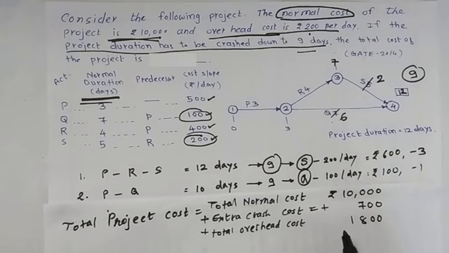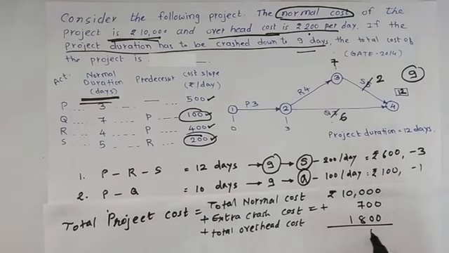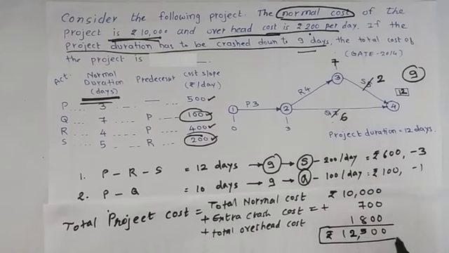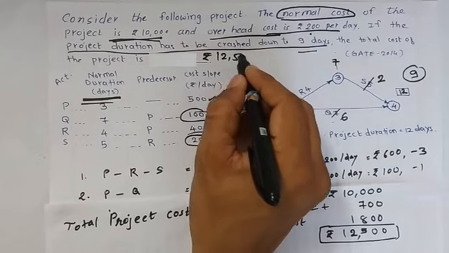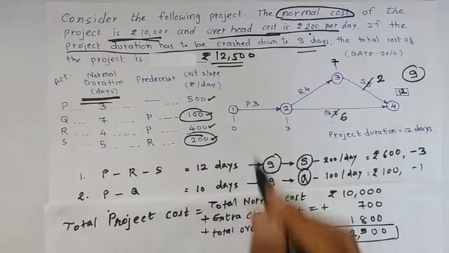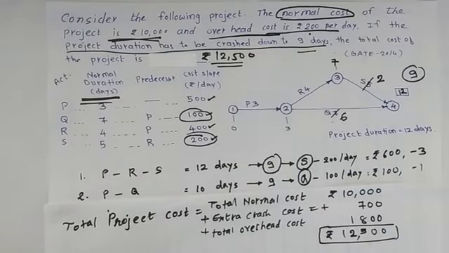So the total project cost is 10,000 plus 700 plus 1800, that is 12,500 rupees. 12,500 is total project cost. So clear?